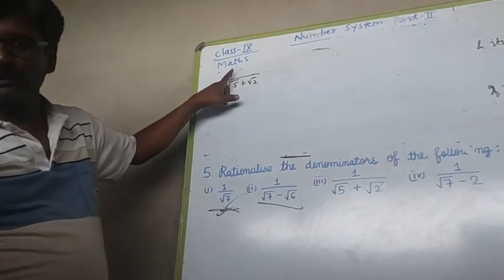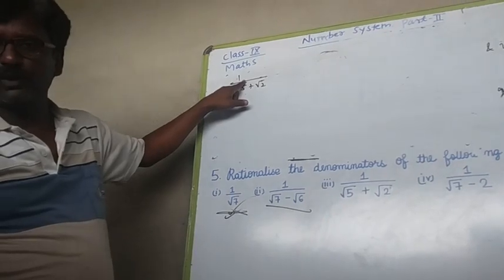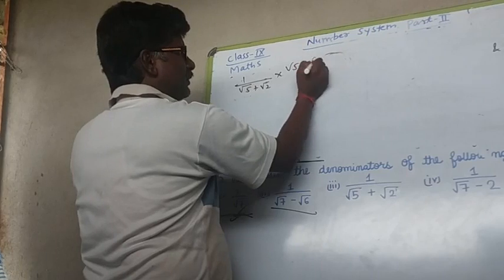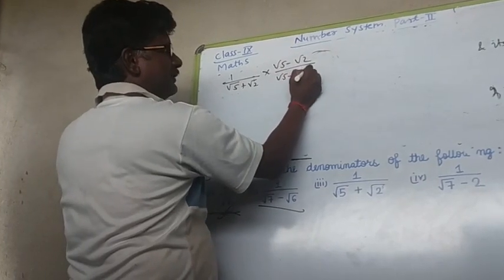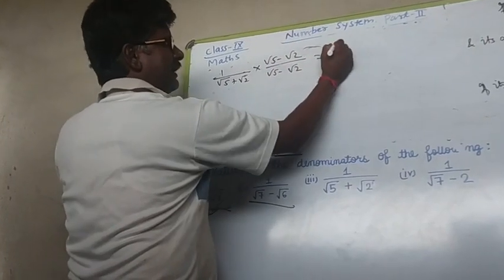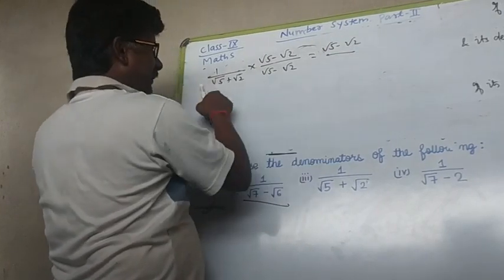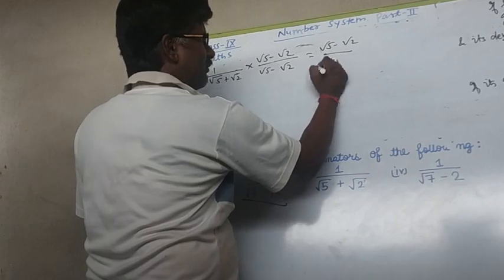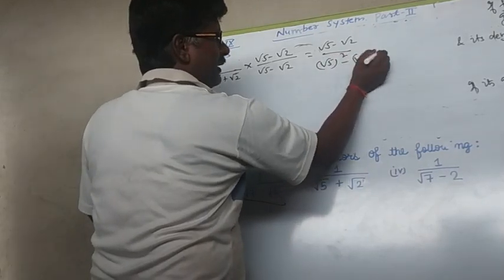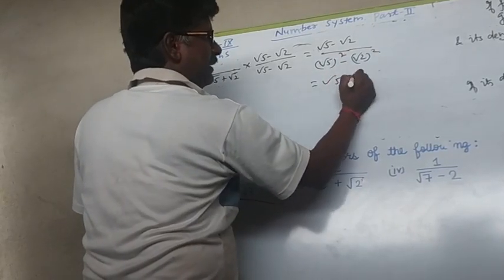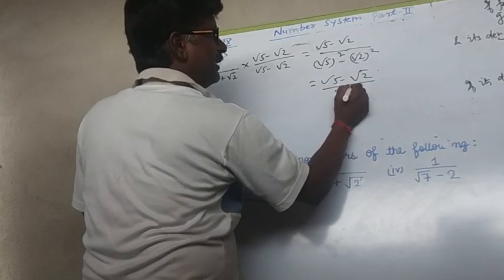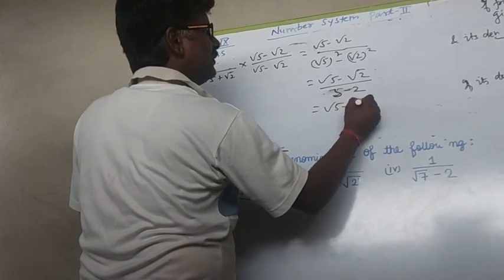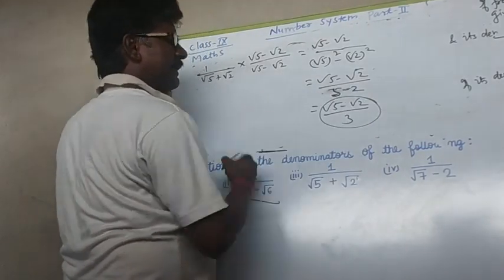So the numerator and denominator must be multiplied by root 5 minus root 2 by root 5 minus root 2. 1 into this is root 5 minus root 2, and a plus b into a minus b is a square minus b square, that is root 5 square minus root 2 square, that is 5 minus 2. So we get root 5 minus root 2 by 3. This is the rationalization of this.